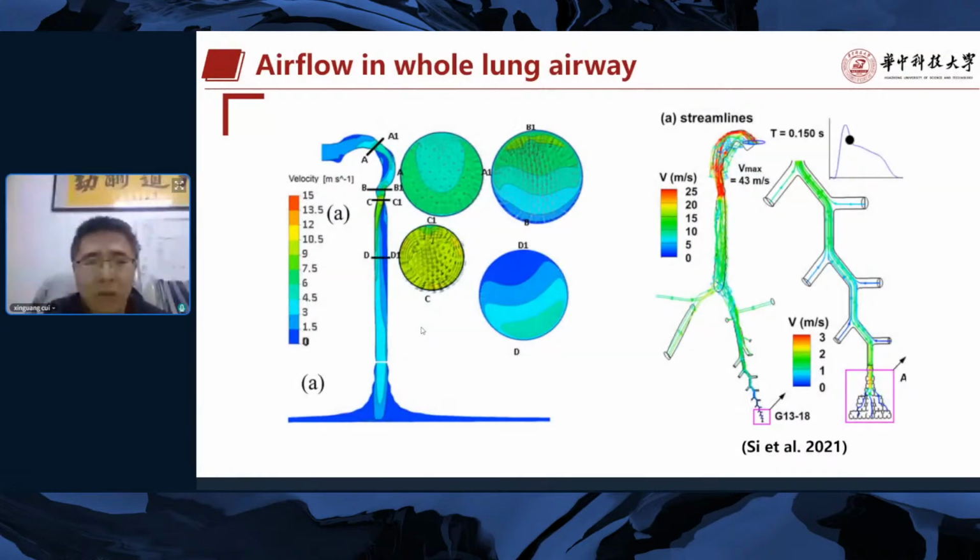And also for the whole airway, people say that the flow is very fast in the upper airway, and it becomes turbulent in the upper airway, and then it transitions.